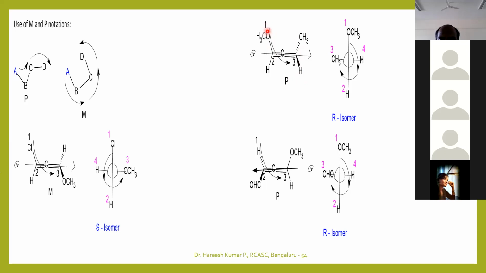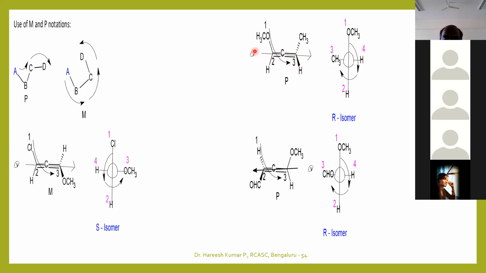Then the movement should be coming over here. Next is this, next is away from the observer. So you convert this into this form. These two are the vertical groups and these two are horizontal ones. Vertical means OCH3 and H.